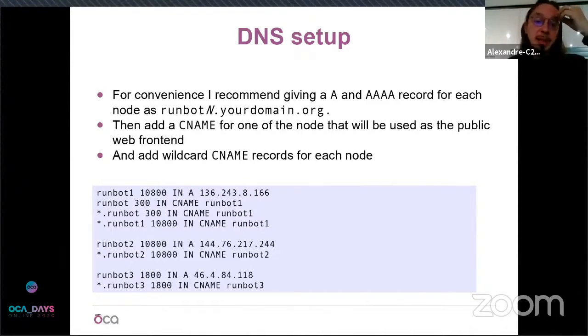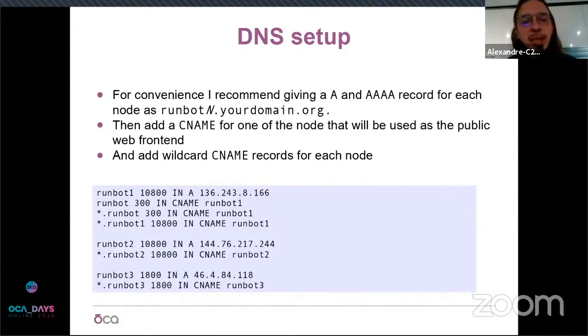So nickname it runbot. For instance, below we have the DNS configuration for the OCA runbots. So you see the A records for runbot 1, 2, and 3. Runbot is also a CNAME, an alias for runbot 1.